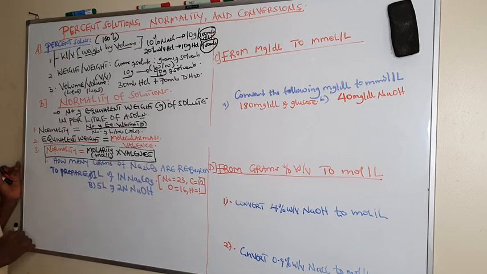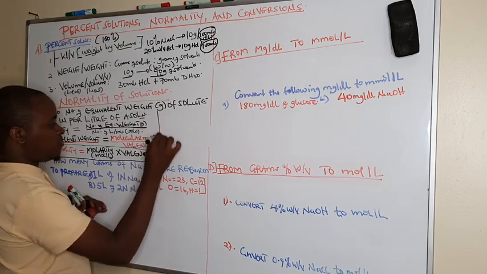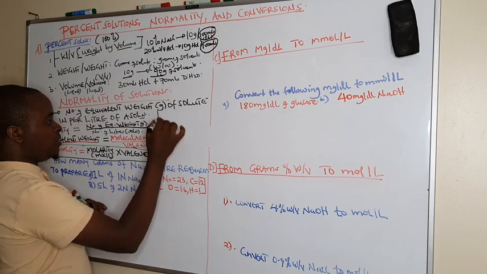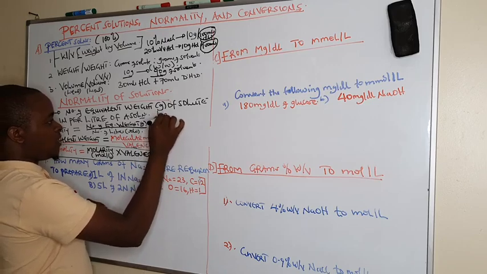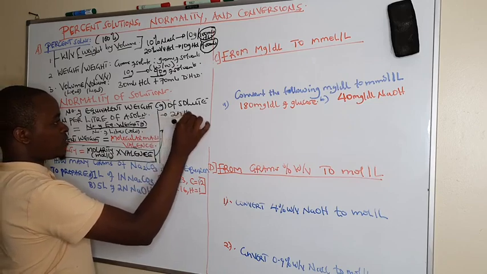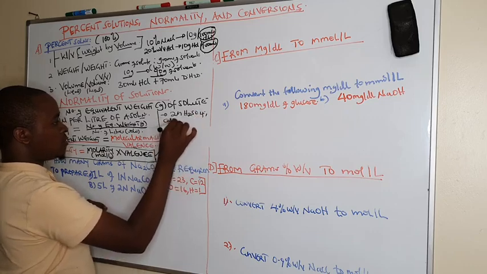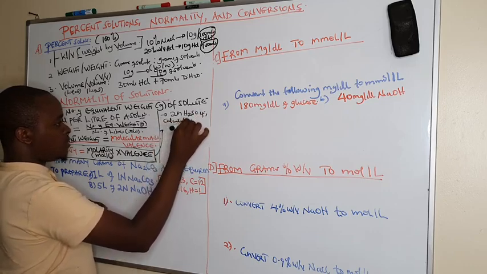So this formula can be used. For example, here we can use an example. Maybe you are provided with 2 molar sulfuric acid, then they ask you to calculate the normality.